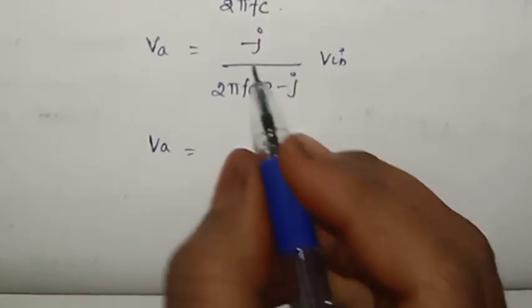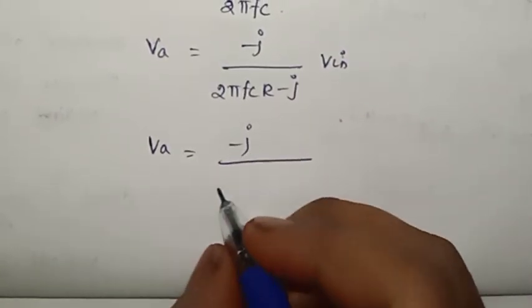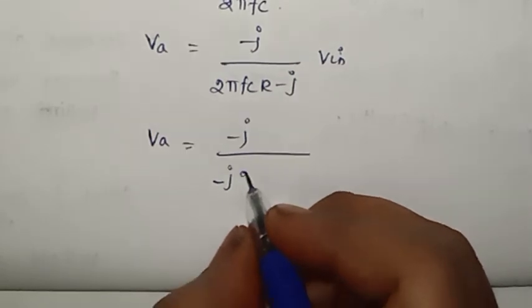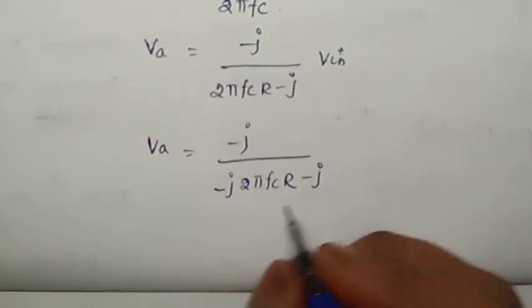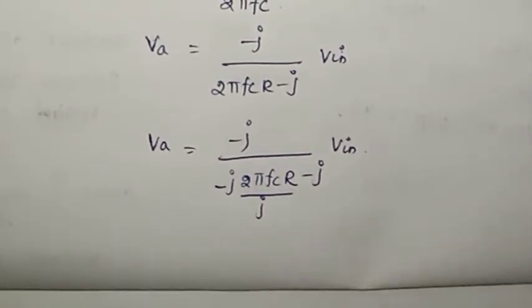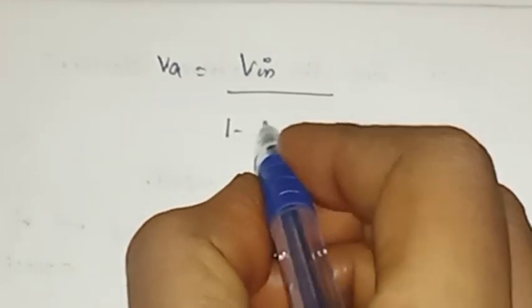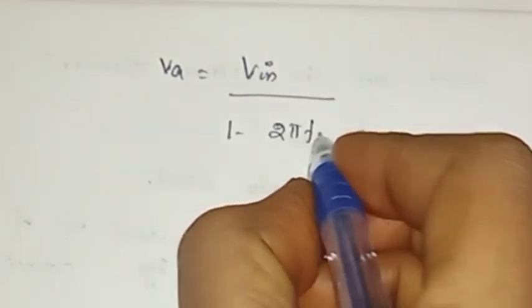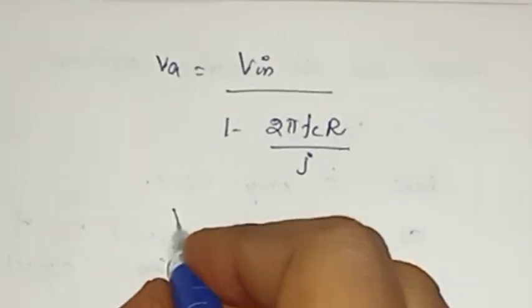Again taking minus j outside, minus j divided by, here no minus j, so multiply and divide by minus j: 2 pi FC R minus j divided by j, into V in. Again, VA is equal to V in divided by 1 minus 2 pi FC R divided by j.